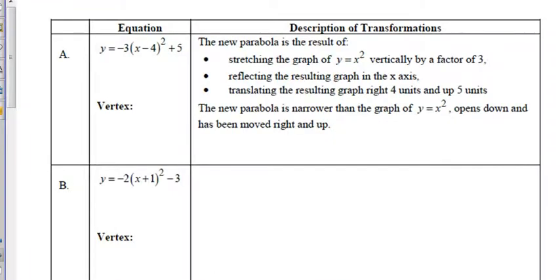Now, we move to here. Given the equation, you want a description of transformations. This is key. This is key to 30-1, being able to describe these transformations. Because you're going to spend the entire first unit describing transformations, right? And you're not just doing transformations on the quadratic.